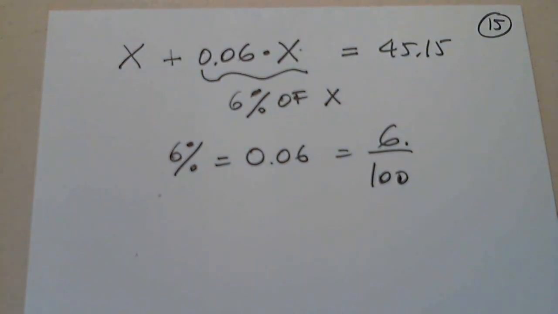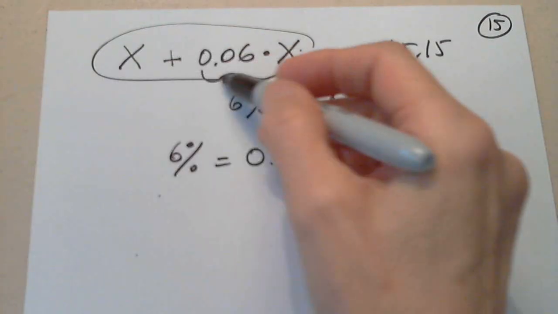What do I get on the left-hand side? When we add 1 to 0.06, what do we get? We have to combine these.